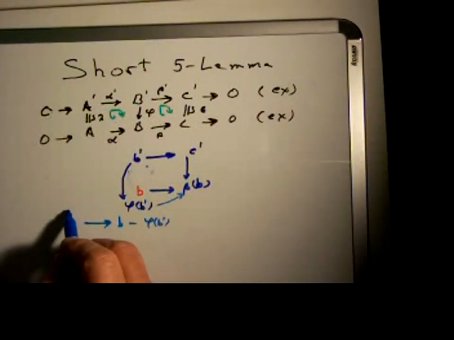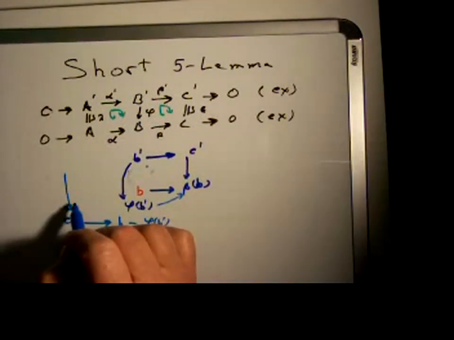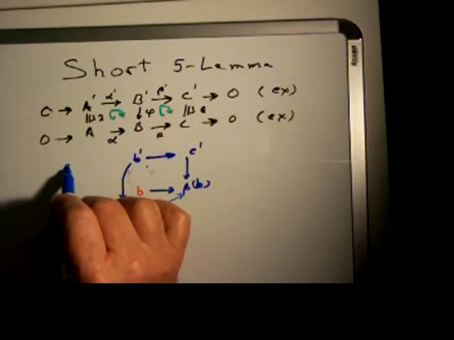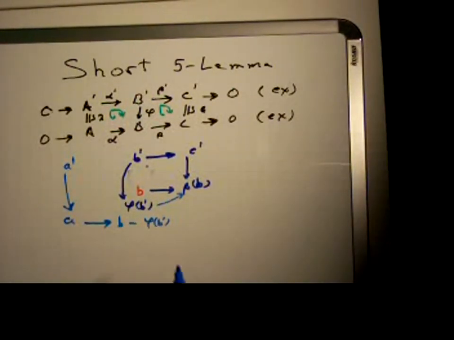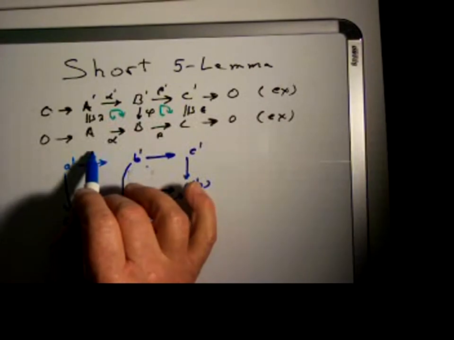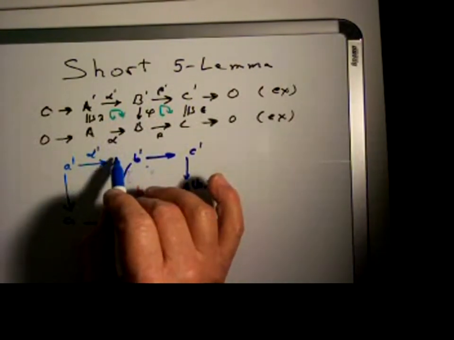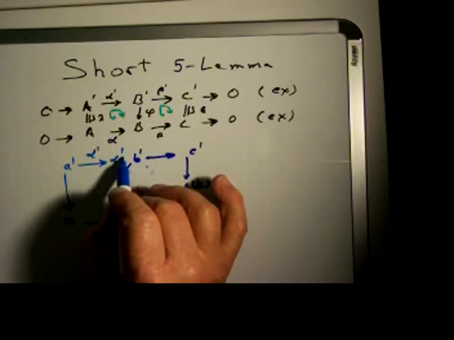Well, this is an isomorphism, so I can take and back that A up to an A prime here. And then I can shove this A prime over by alpha prime. And this is alpha prime of A prime.